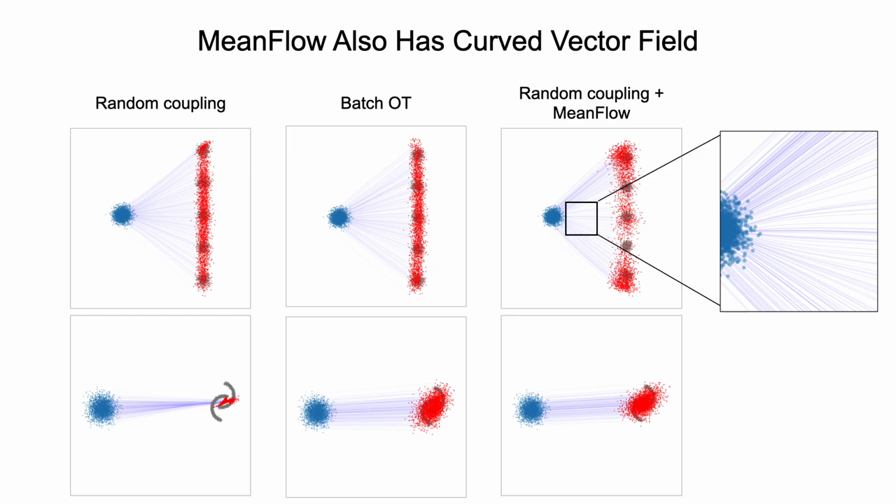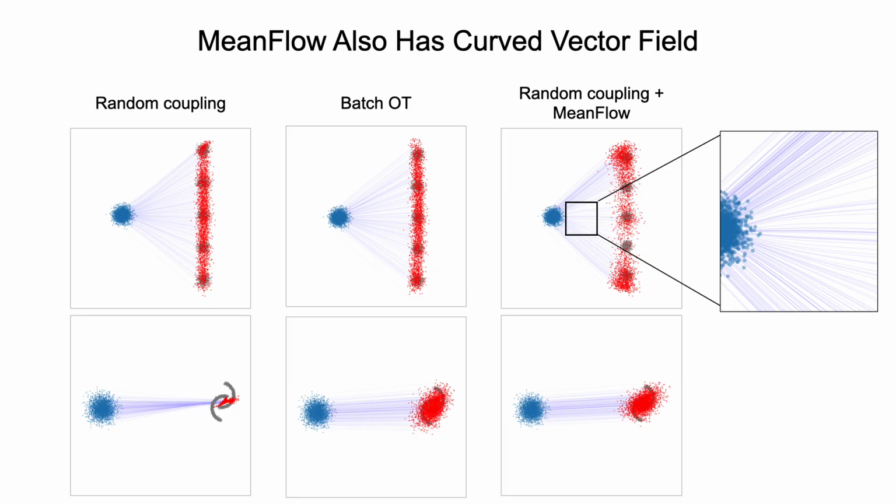The other direction is shortcut models like MeanFlow. Instead of learning the velocity field, MeanFlow learns the average velocity over a time interval, which lets you take bigger steps at inference. But the underlying flow it is built on top of is still the same curved one.